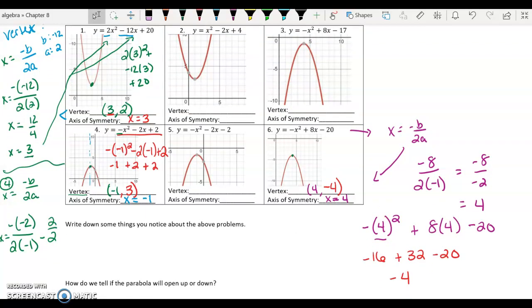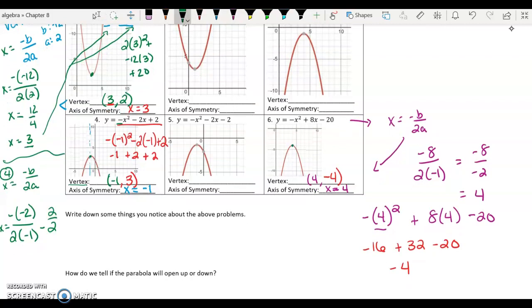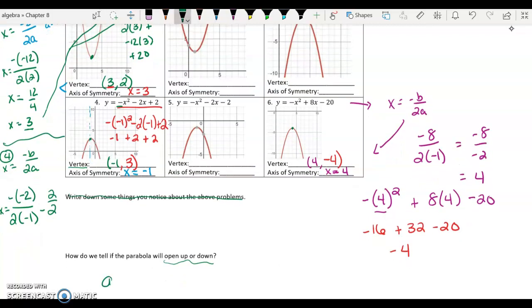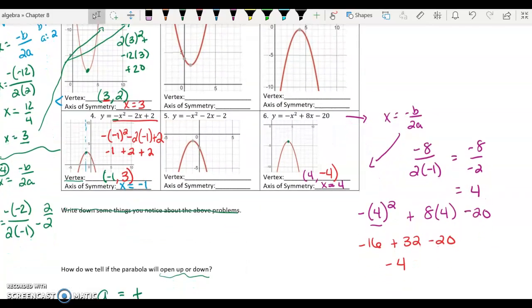In the problems above, what I want you to notice is if the parabola will open up or down. So we're going to kind of skip this question and go down to here. If the A is positive, so examples of this would be 1 and 2 from above, then your parabola goes up. It's a smiley face.